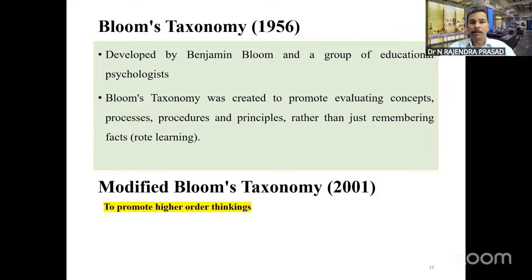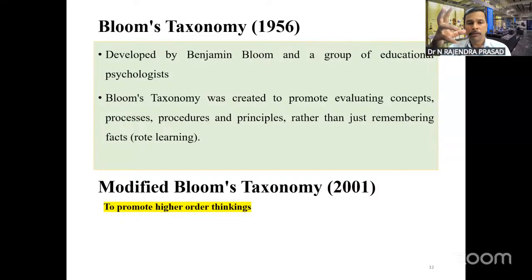You might have heard about this Bloom's taxonomy. This was introduced to the academic system in the year 1956. It was developed by Benjamin Bloom and another group of educational psychologists with an intention to evaluate the learning abilities, the capabilities of the learners.